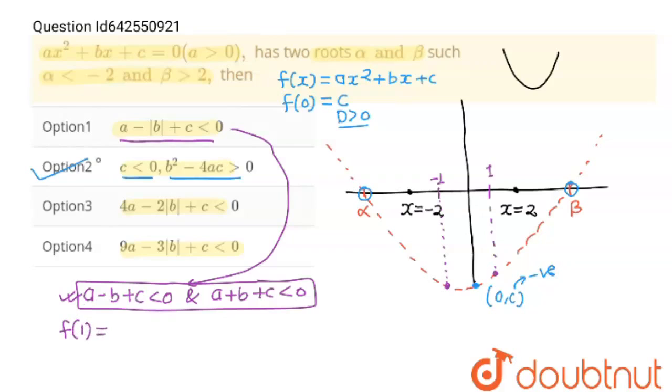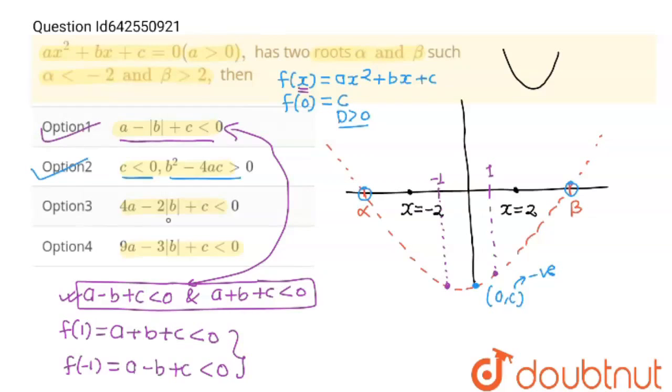At x equals 1, we put 1, so this will be a plus b plus c, and this will be less than 0. And at x equals -1, this value will be a into (-1) square, a, b into -1, minus b. So this will be a minus b plus c, and this will be less than 0. And here you can see both statements are correct. So from this we can say this statement is also correct.